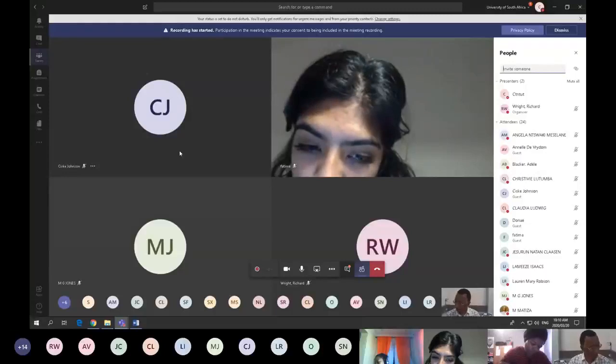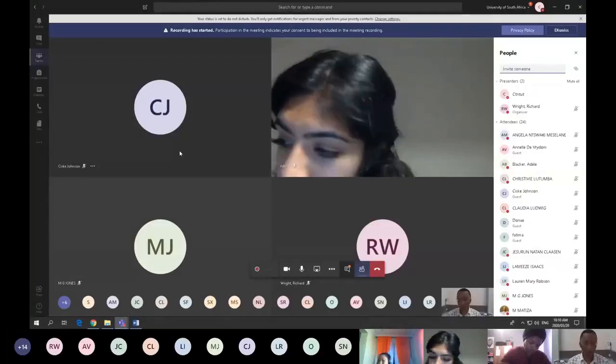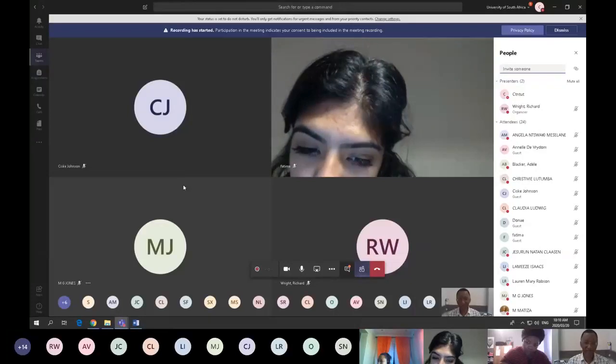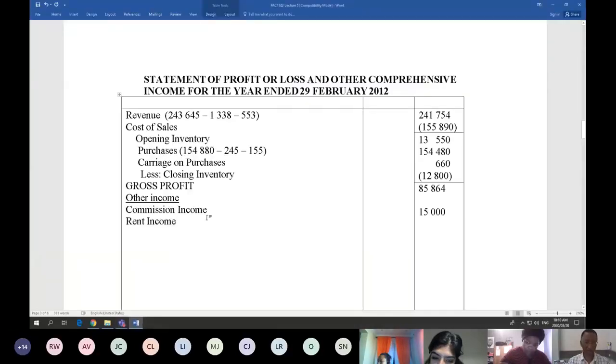You will recall that we spoke about accrued income. There was 1 month's rental that was still due to us. So the amount in the trial balance will have to be adjusted. So we have received 3,300 in our trial balance. That was for 11 months. There is still another amount of 300 Rand due to us.